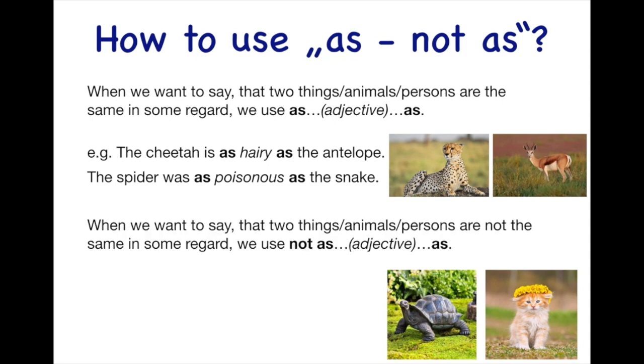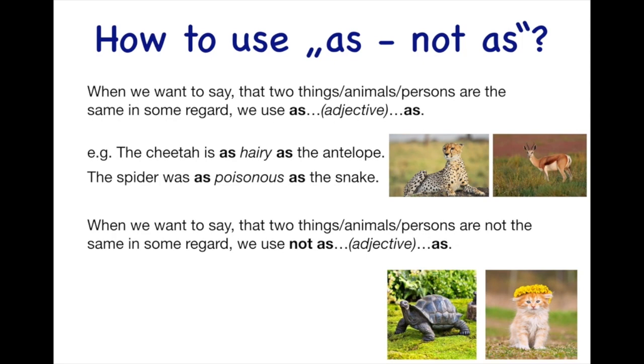If you now want to say that two things, animals or persons, are not the same in some regard, we use not as, again the adjective, and then again as. So let's again take a look at the pictures. On the left you have a tortoise, and on the right you have a cute fluffy little cat.